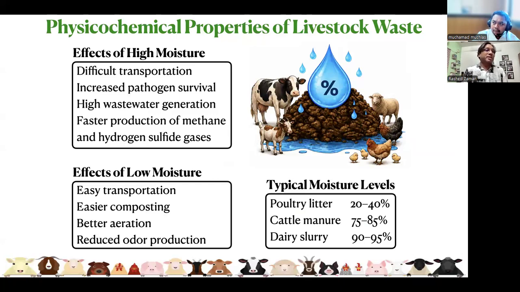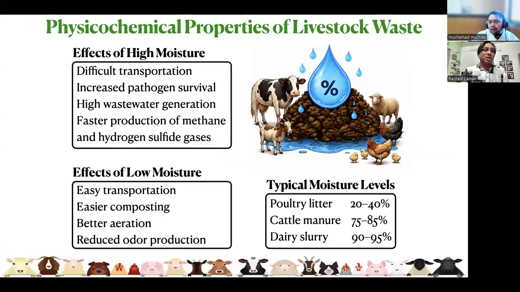When the moisture levels are moderate, microorganisms can do their work for composting with great efficiency, and there is better aeration because in solid waste, air can move very easily. That increases the air as well as the oxygen level.